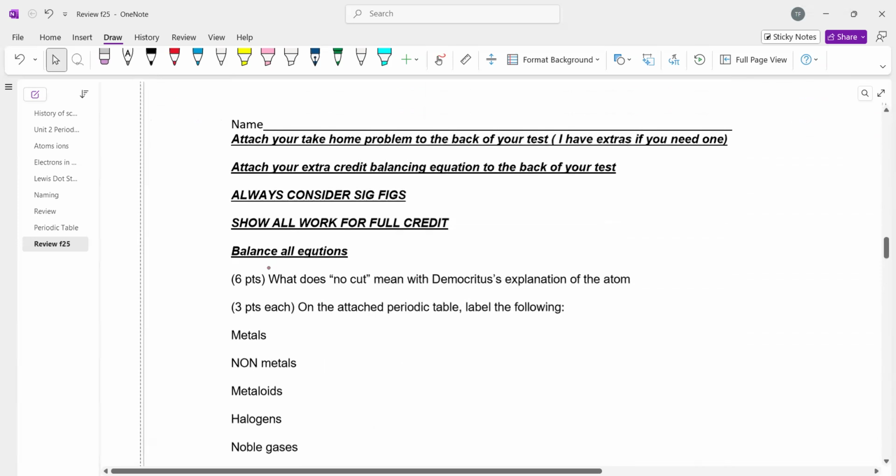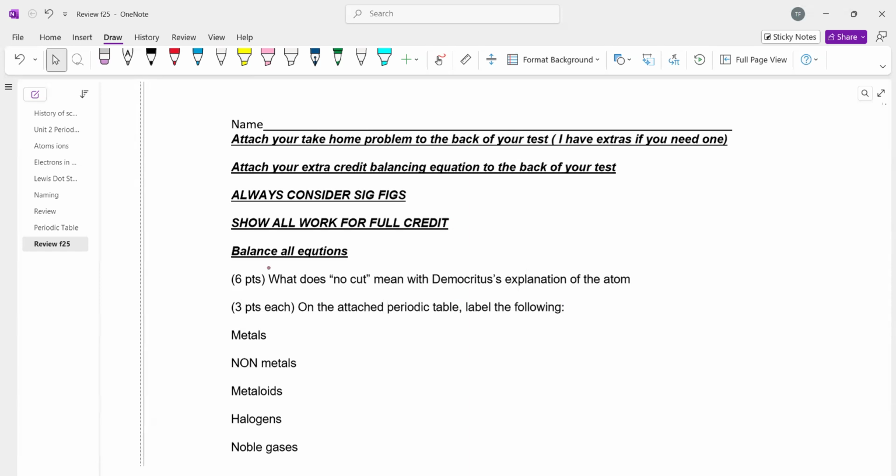Okay, so what does "no cut" mean with Democritus' explanation of the atom? You need to go through the key scientists and what they provided until we get to the current quantum mechanical model. Remember, Democritus was the Greek guy, and he came up with the concept of "no cut," which means atomos in Greek.